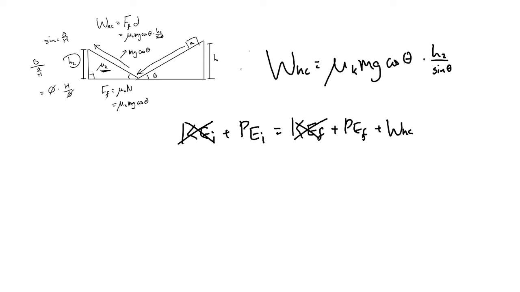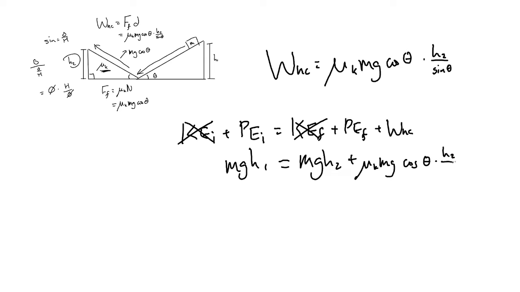So our initial potential energy, remember, is mg h1, our first height, equal to mg h2 plus our non-conservative forces, which is mu k mg cosine of theta times h2 over sine theta.